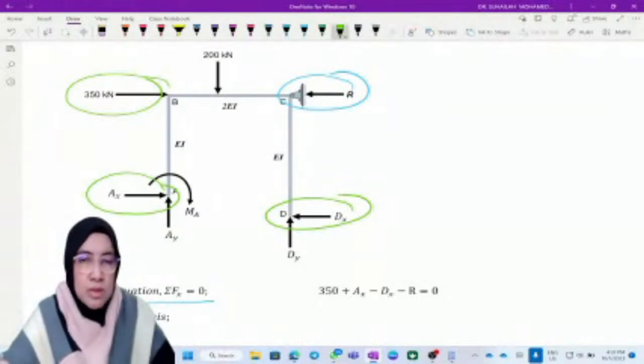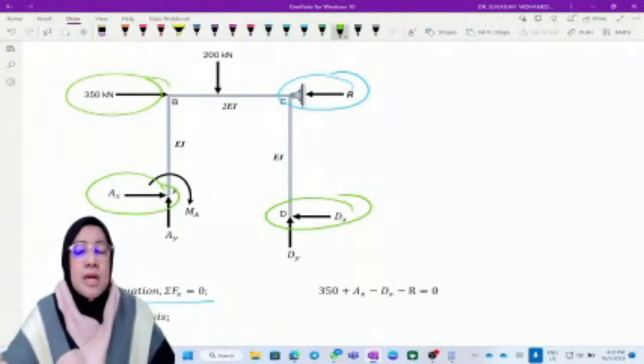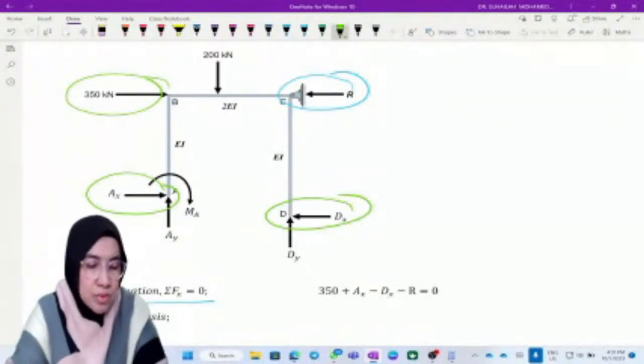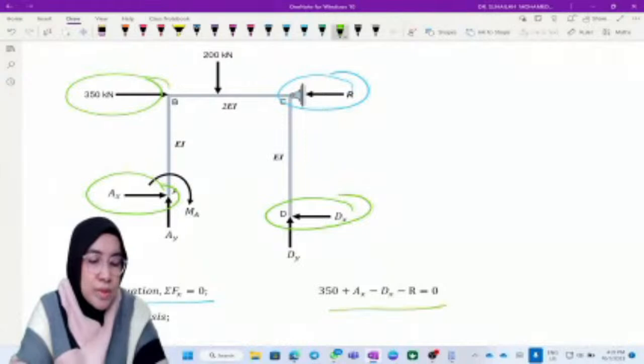Using the shear equation, total Fx is equal to 0. So we write one equation like this: R plus 350 plus AX minus DX equals 0.